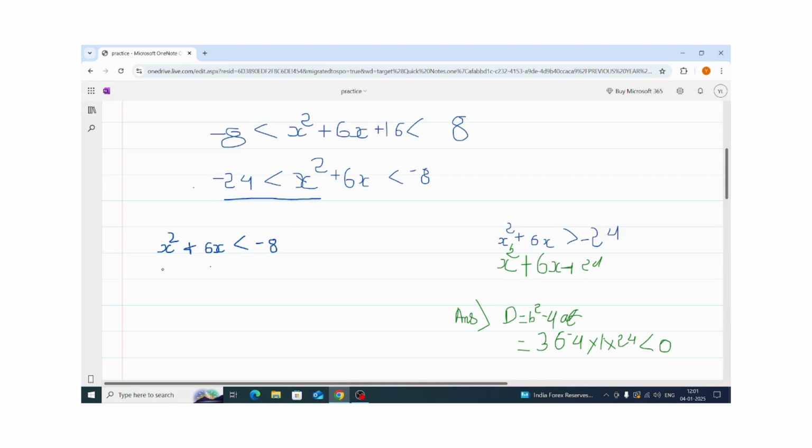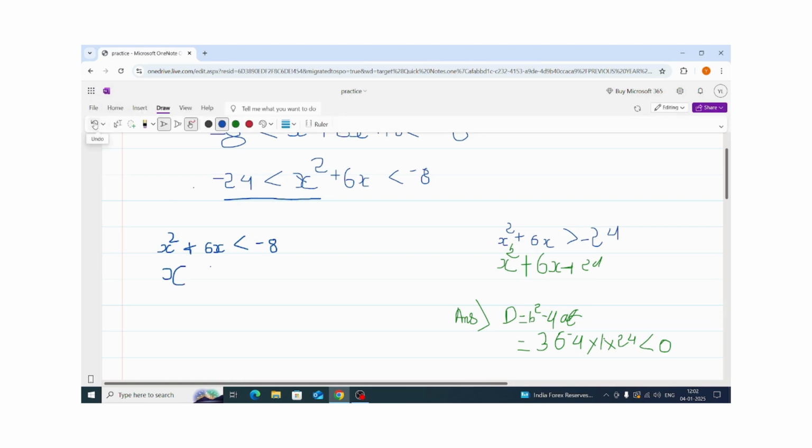Alright, now I am going to bring this minus 8 onto the left hand side, and that would give me x square plus 6x plus 8 less than 0. Now I don't have to do anything, I just have to do middle term splitting.